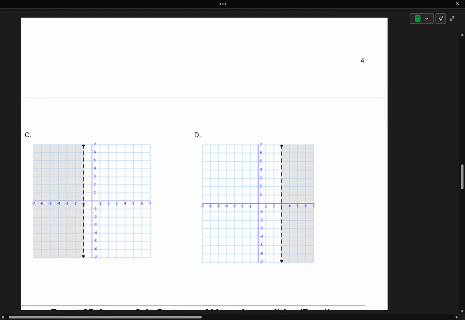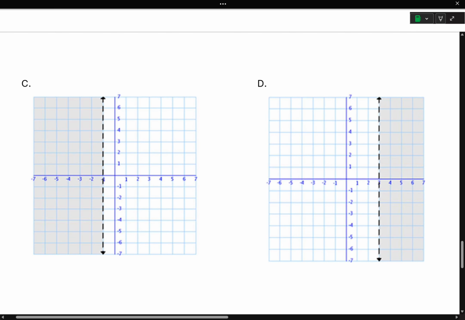Let's try 2 more of these strange ones, and then I have work for you to practice. Letter C. This is another one going up and down. Is it crossing the x or y axes? This one's crossing x. It's crossing x at -1, so x has something to do with -1.